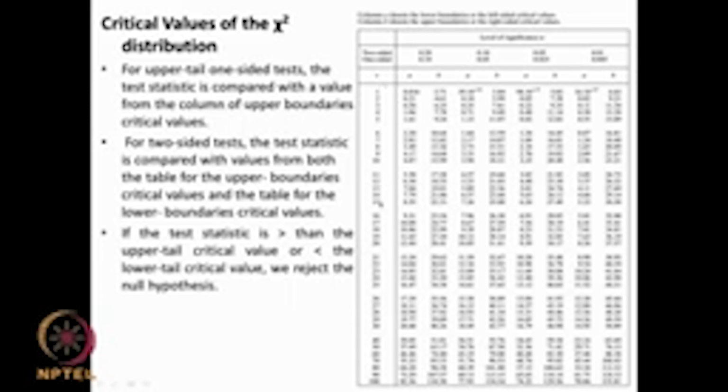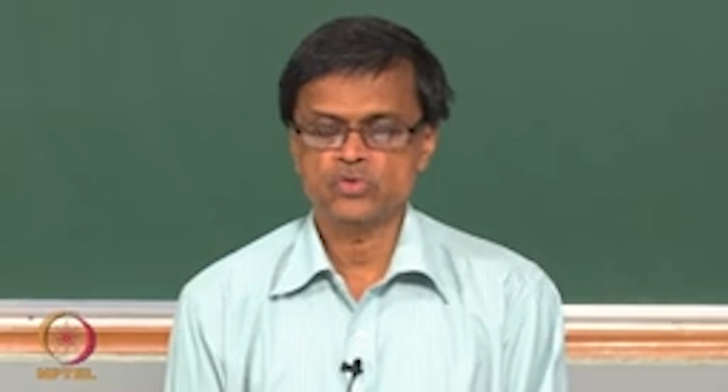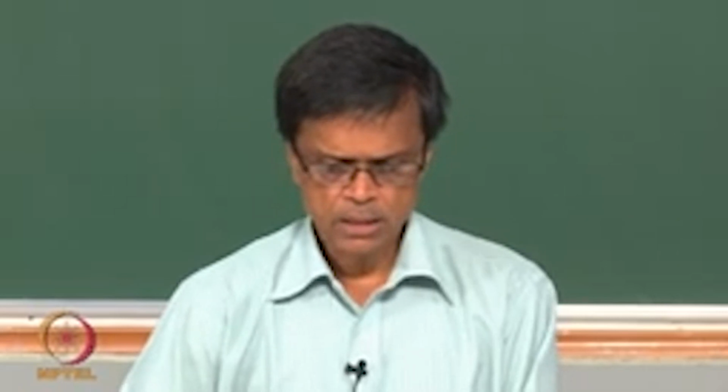This is how you do it, and as you go down, more degrees of freedom come into the picture. This chi square test can be used for contingency tables, for comparing two different distributions, for comparing expected versus observed, and so on. We will look at each one of them in more detail.